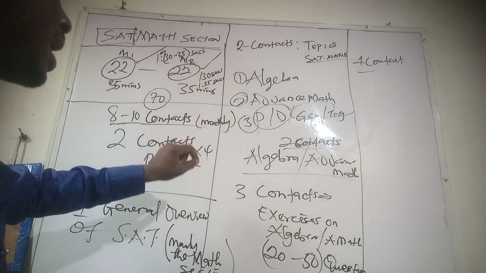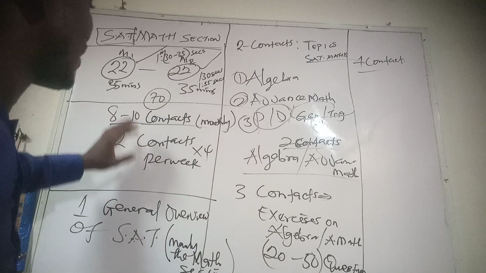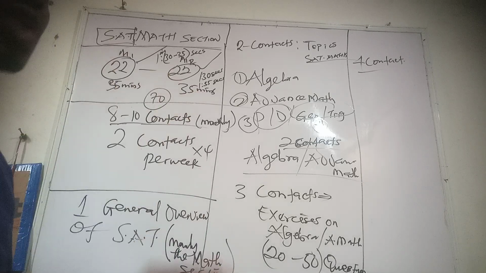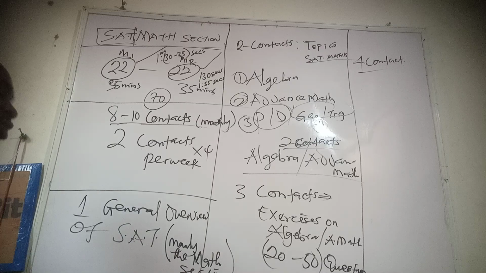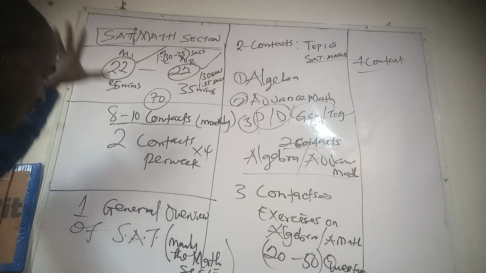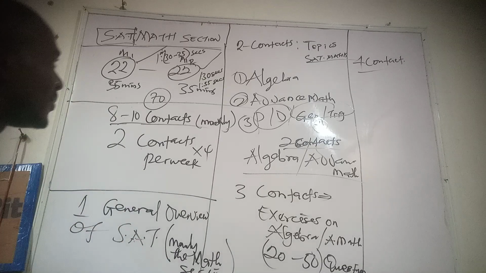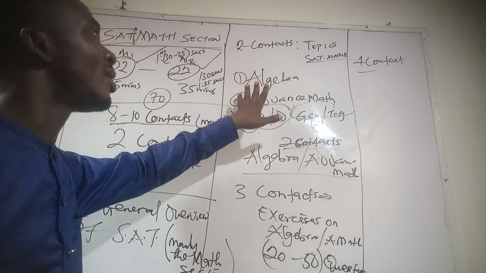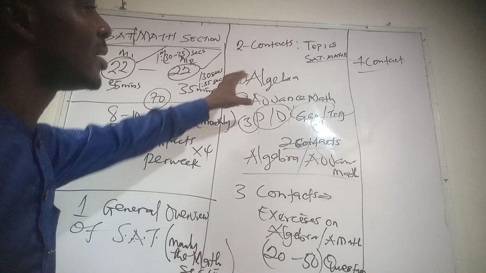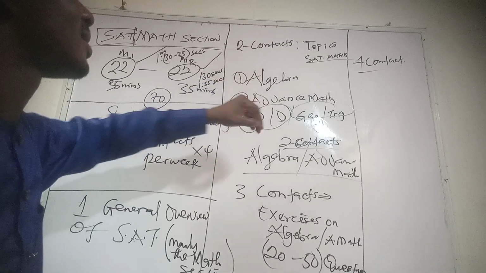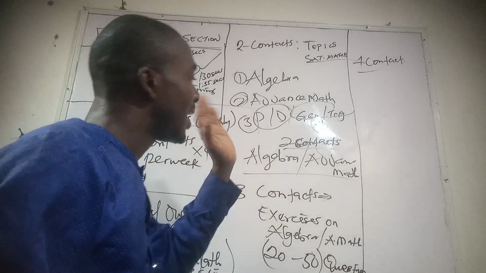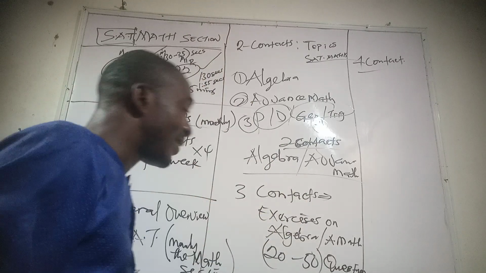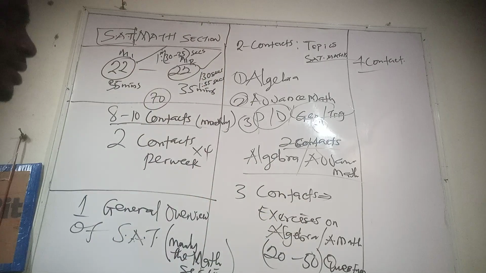Second contact, we talk about the topics involved in mathematics, and then we pick 2 of the topics, advanced math and algebra. And in the third contact, you get to know how to solve questions, plenty of questions, up to 20 to 50 questions on algebra and advanced mathematics.